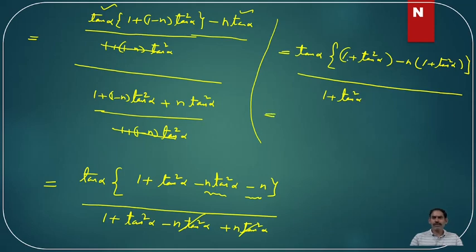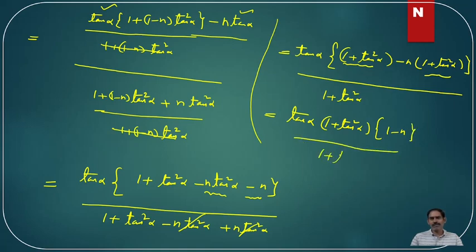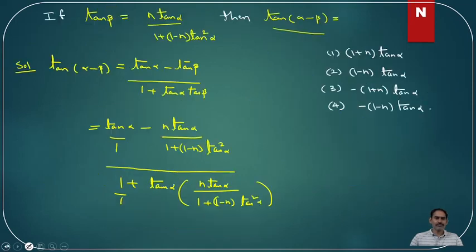So tan alpha into 1 plus tan square alpha is common. Remaining here, 1 minus n. These two get cancelled. So finally the answer is 1 minus n into tan alpha. So the second option is the correct option.